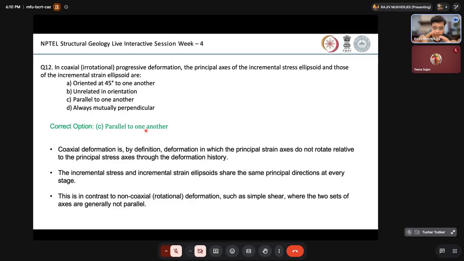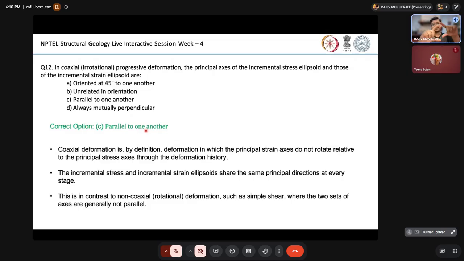So wherever you're compressing, if the compression direction is sigma 1, the corresponding stress ellipsoid will look like this.